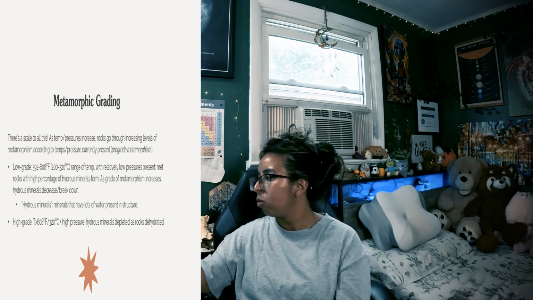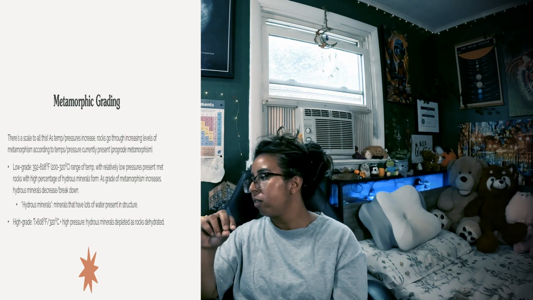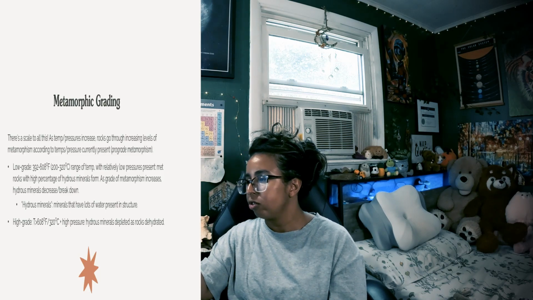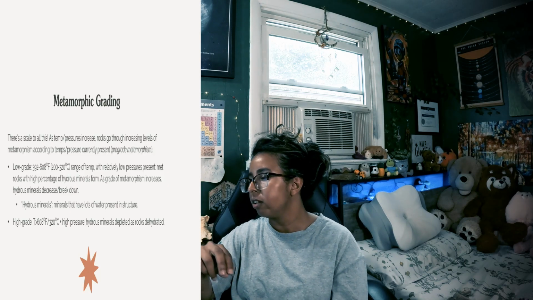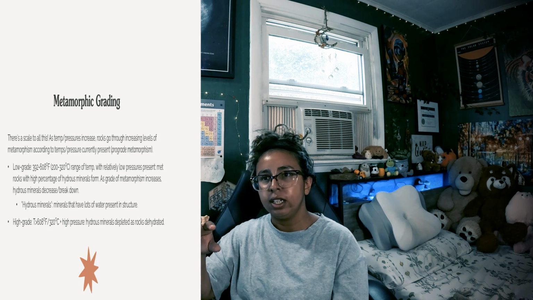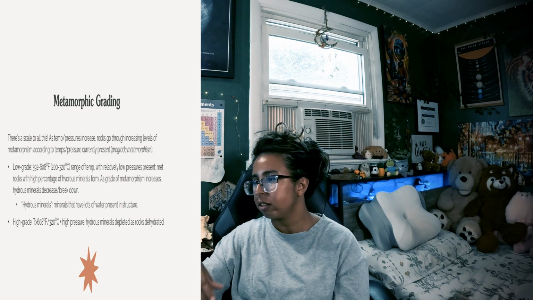And this scale is called prograde metamorphism. So basically, low-grade metamorphism falls in the range of 392 to 608 degrees Fahrenheit, or 200 to 320 degrees Celsius. There's relatively low pressure present. Low grade metamorphism doesn't necessarily require high pressure to become active, obviously.